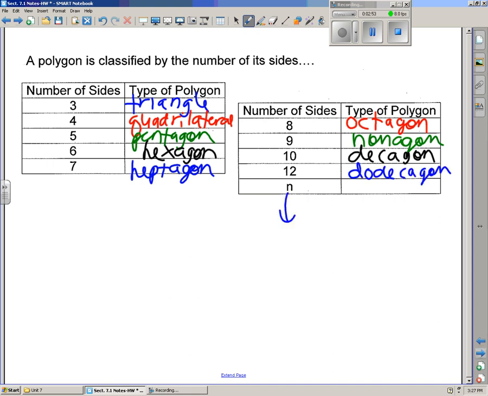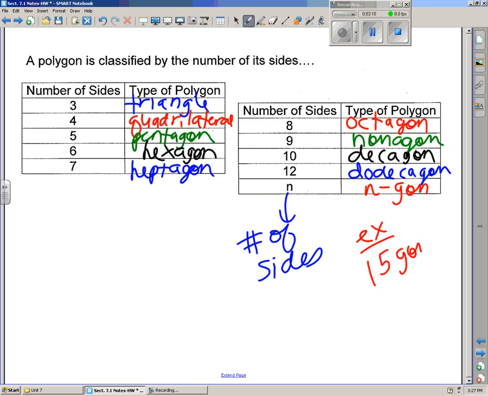Well, at some point we start getting numbers bigger than 12. So if n stands for the number of sides, then any polygon after 12 is just called an n-gon. For example, you might have, let's say, a 15-sided figure, or a 15-gon, or a 21-sided figure, a 21-gon.